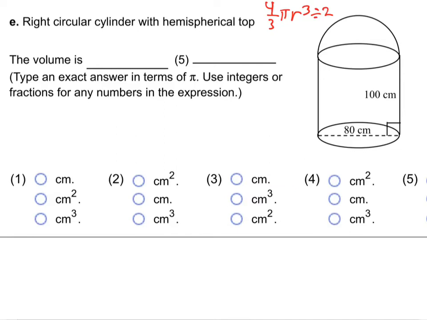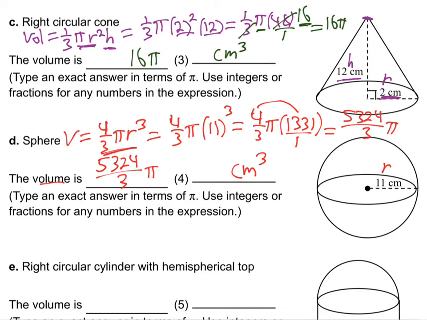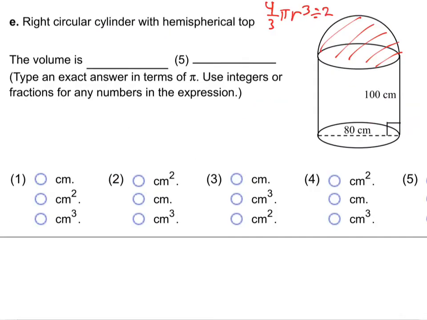Do you see why we divide by 2? Because it's half. This is only half of a sphere, right? Half a ball. So 4/3 pi r cubed divided by 2, because the formula 4/3 pi r cubed is for a whole sphere, and then we have half a sphere. So divided by 2. So that'll be the top part up here.